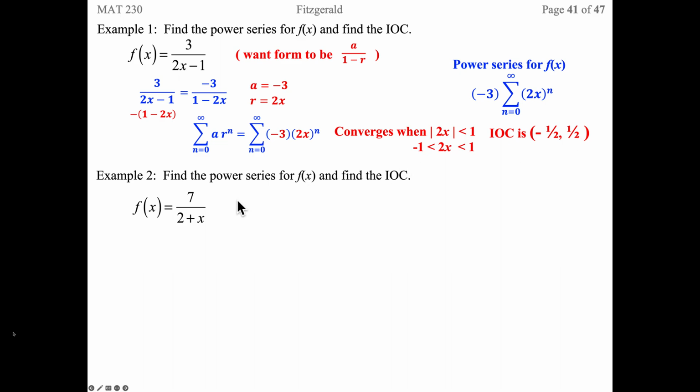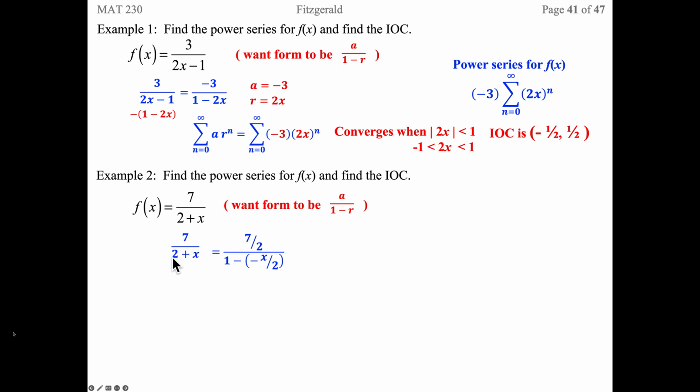All right, example 2, finding the power series. Again, we need this to look like a over 1 minus r. So I need, wait a minute, I can't have a plus sign here. And I need the 2 to be a 1. Okay, let's see. We're going to have to divide by 2 into everybody. Every term has to be divided by 2.